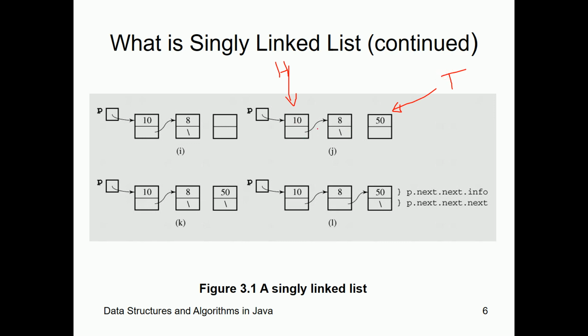If I use head.next, I'm going to put this here. That's not what I want to do. Now hold on, let me just show you before I do this. Now if I'm in this case, if this is the head, where the tail would be? The old tail would be here.